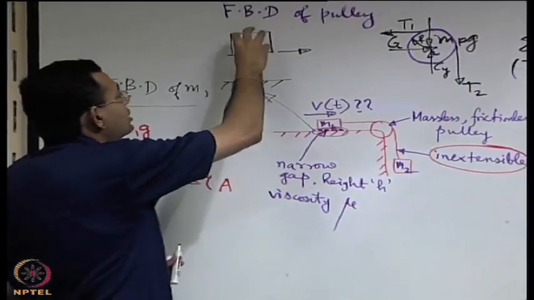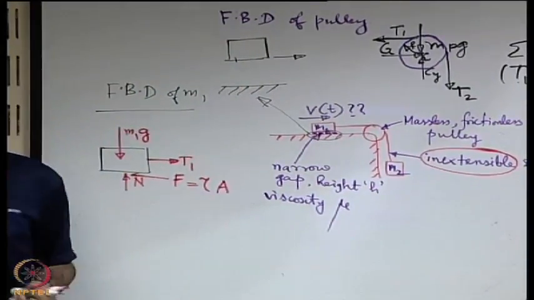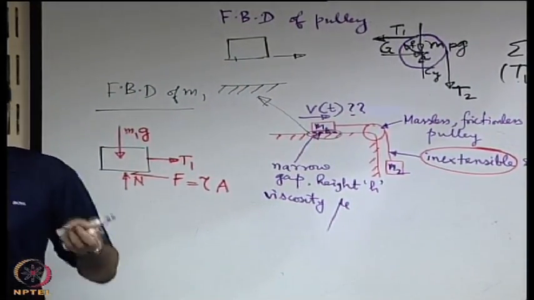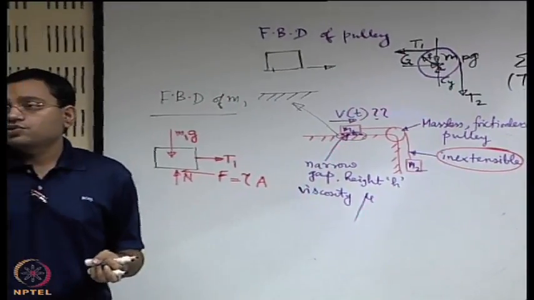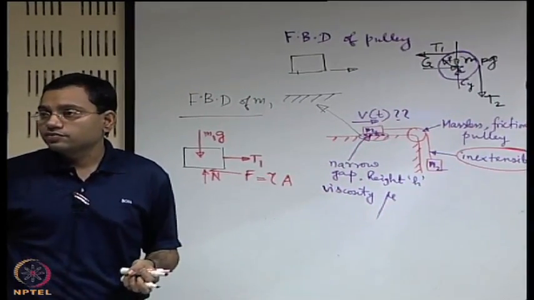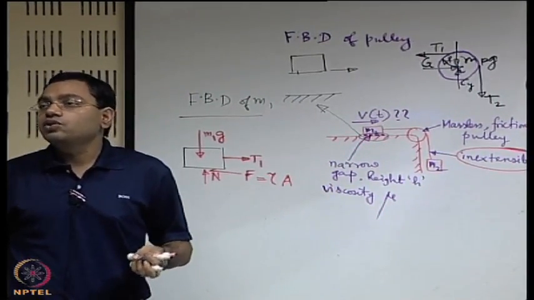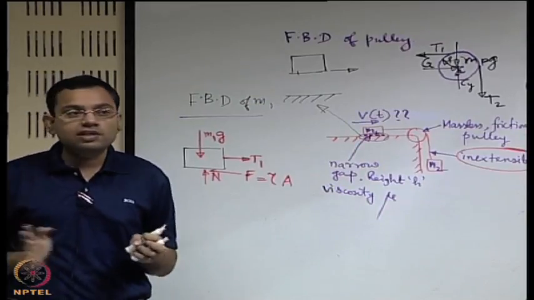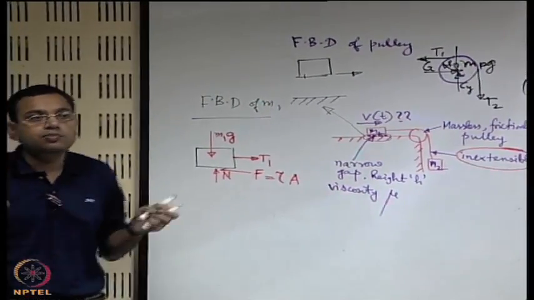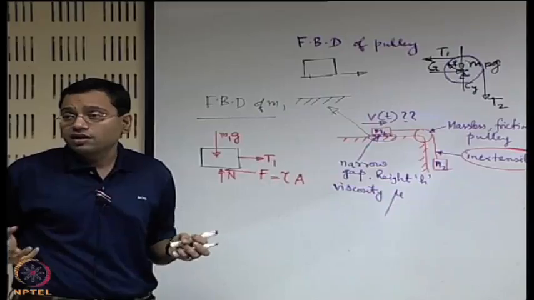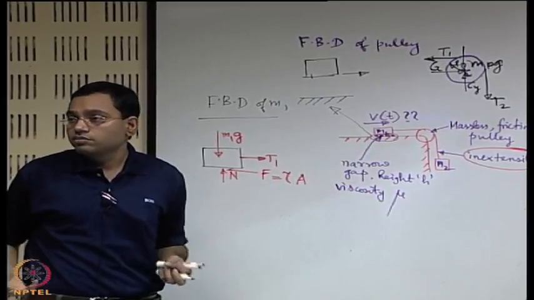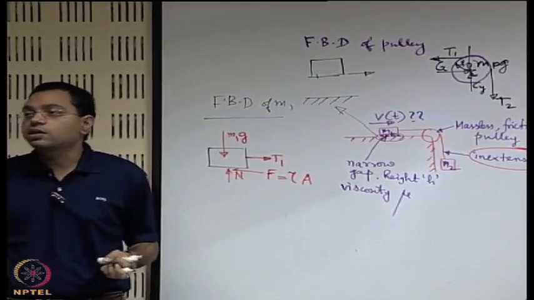and this block is idealized as a particle. So, when you idealize a rigid body as a particle, when you do not have rotational effects, the fundamental difference between a particle and a rigid body is that a rigid body has rotation, or it is capable of having different rotational components, but a particle cannot rotate.